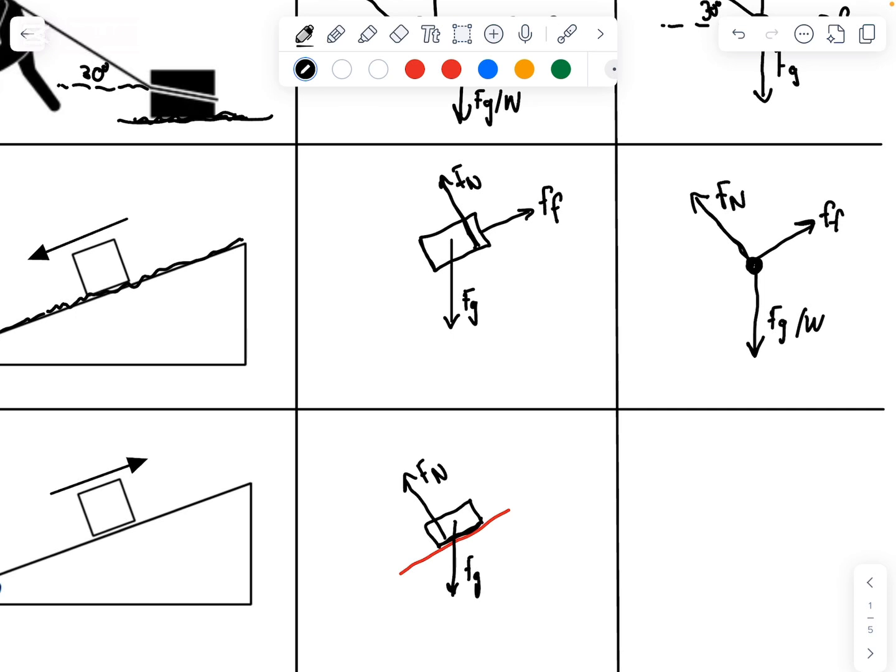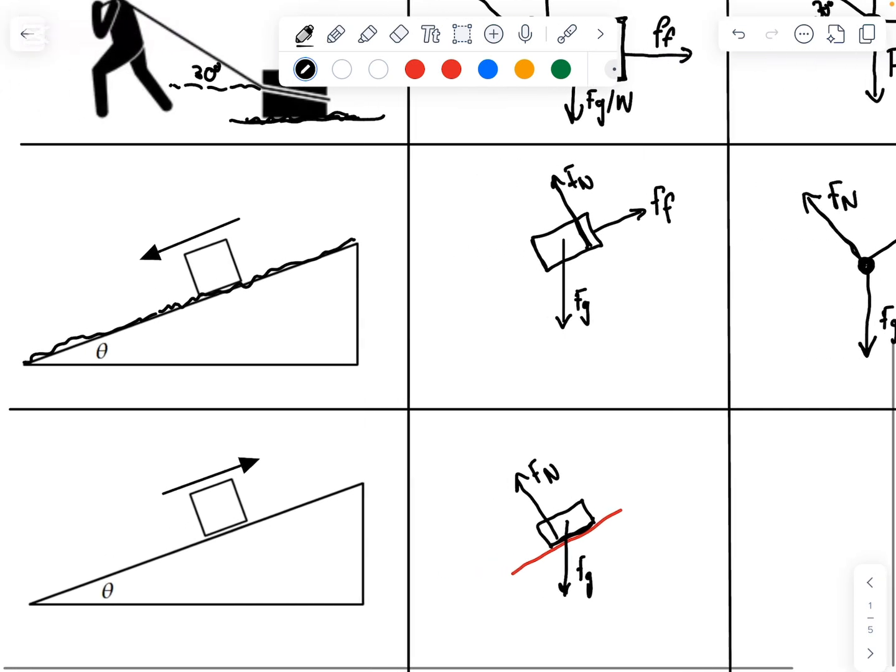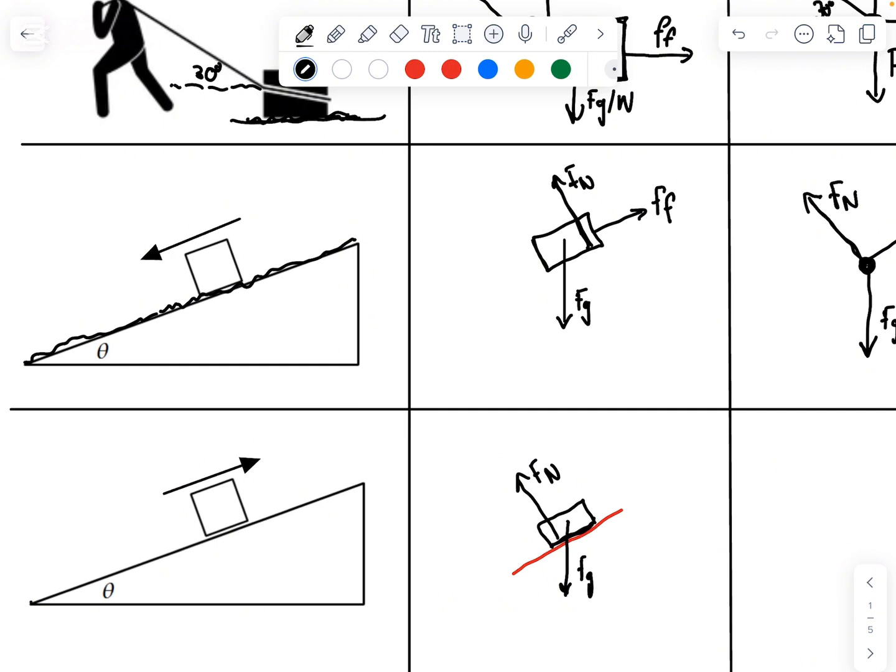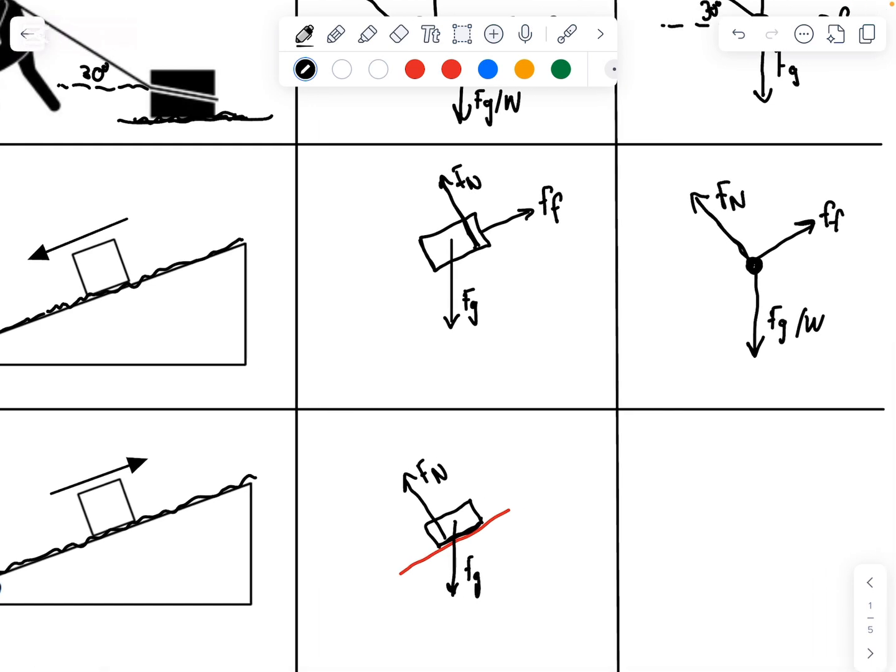And then remember, frictional force, again here we will assume that there is friction on the slope. So now remember, frictional force opposes the motion of the object. So as this object is going up the slope like that, the frictional force will act in the opposite direction. So this will be the frictional force.